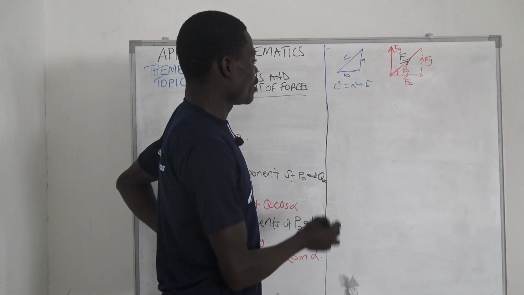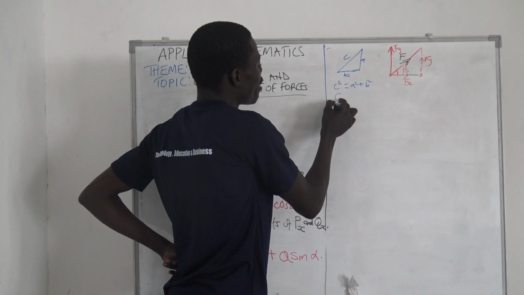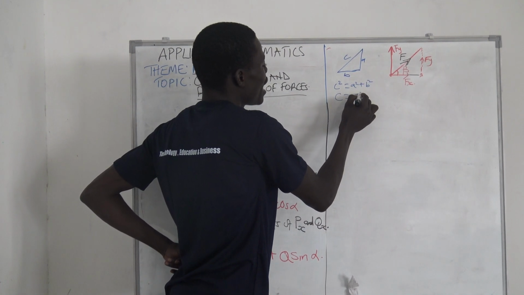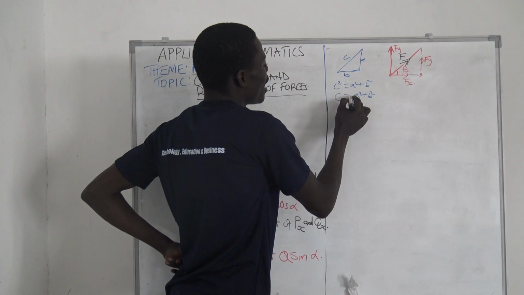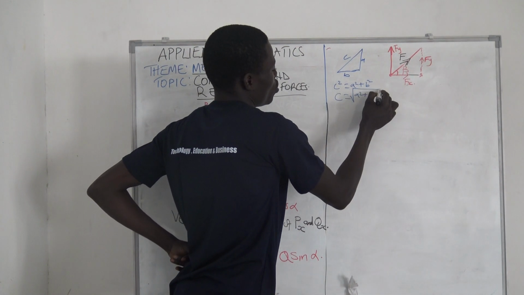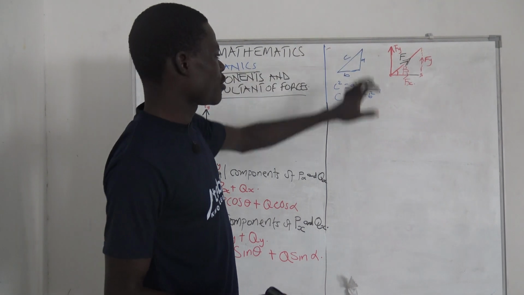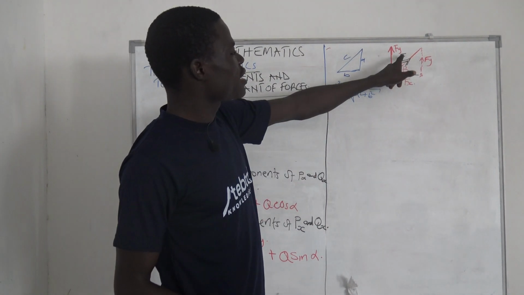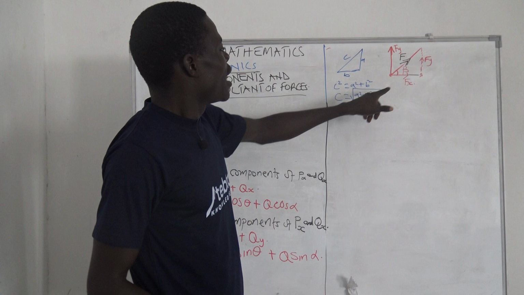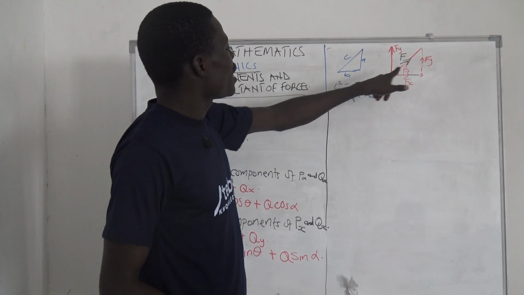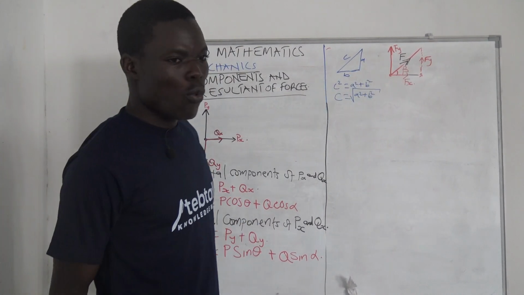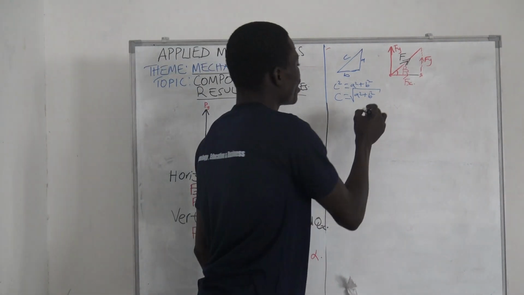That one is from O level. So C becomes the square root of A squared plus B squared. Now this is the identity we are going to use to calculate the force. The resultant force is on C, our Fx is on B, and our Fy is on A.